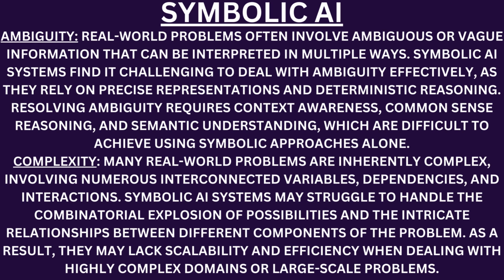Resolving ambiguity requires context awareness, common sense reasoning, and semantic understanding, which are difficult to achieve using symbolic approaches alone. Complexity. Many real-world problems are inherently complex, involving numerous interconnected variables, dependencies, and interactions.